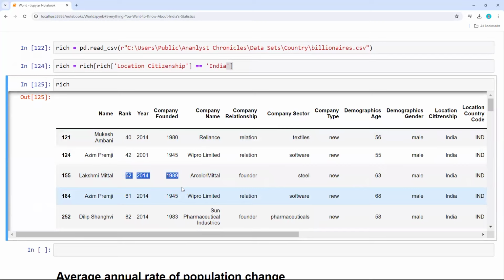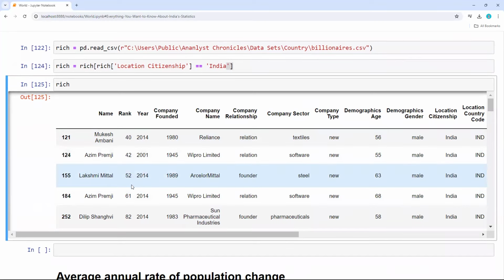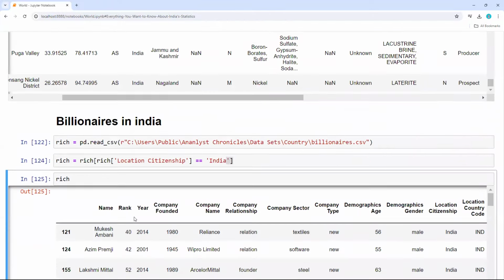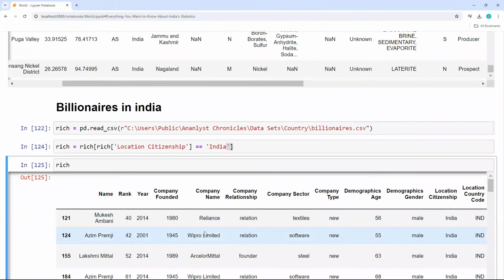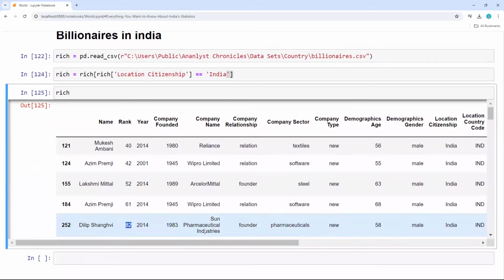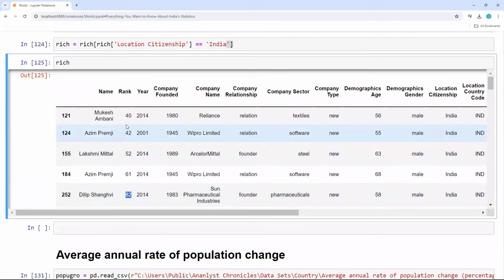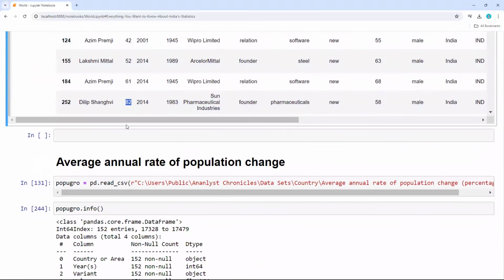So that is how you can have a better look: 40, 42, 52. In 2014 he is at 52nd rank, then 61, then 82, something like that. This is how you can look at the data by who is richer, or what his rank is compared with the world billionaires list.